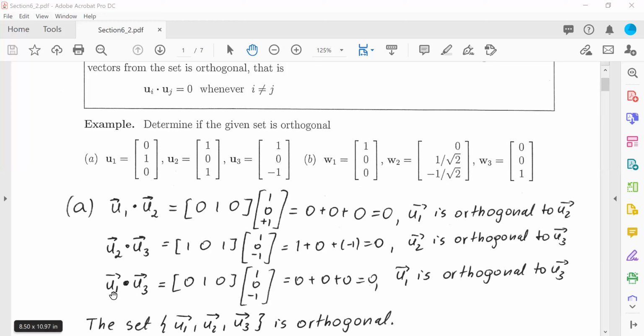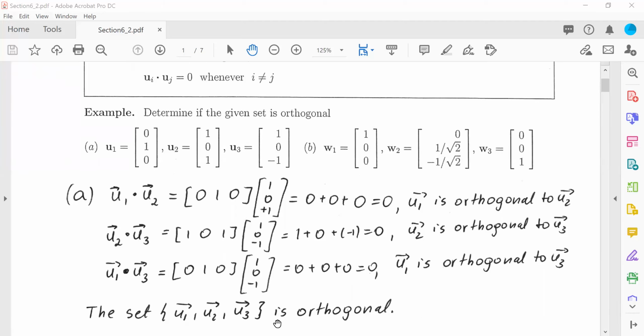So the dot product of u1 and u3 is equal to, multiplying row times column, vector 1 times vector 3. When you multiply them out, we get 0 plus 0 equal to 0. So indeed, u1 is orthogonal to u3. That means the set is orthogonal because each pair is orthogonal. Each vector is orthogonal to each other.